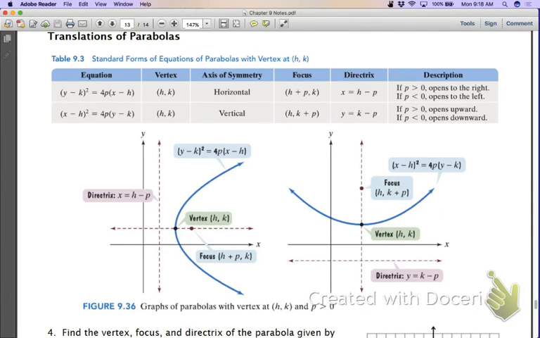Whenever we translate any sort of parabola, here's the only time it's going to be different. Normally, whenever we translate a quadratic parabola, it was always the opposite of h, and k was what it was. Here, it's going to be just like it has been for the past week.